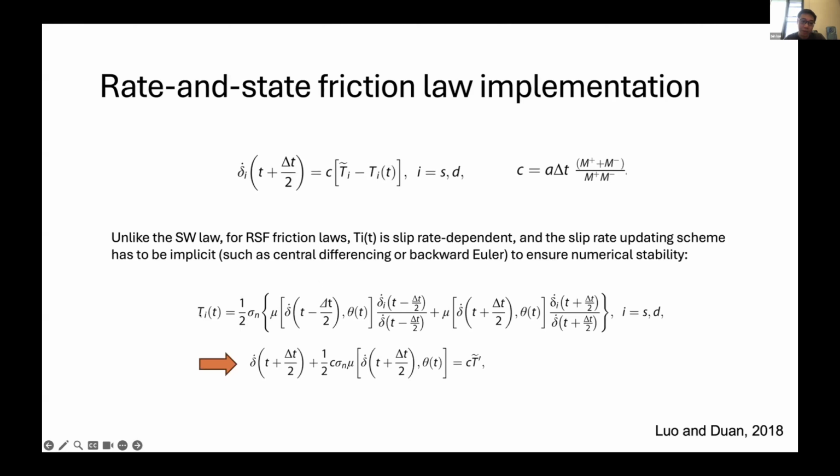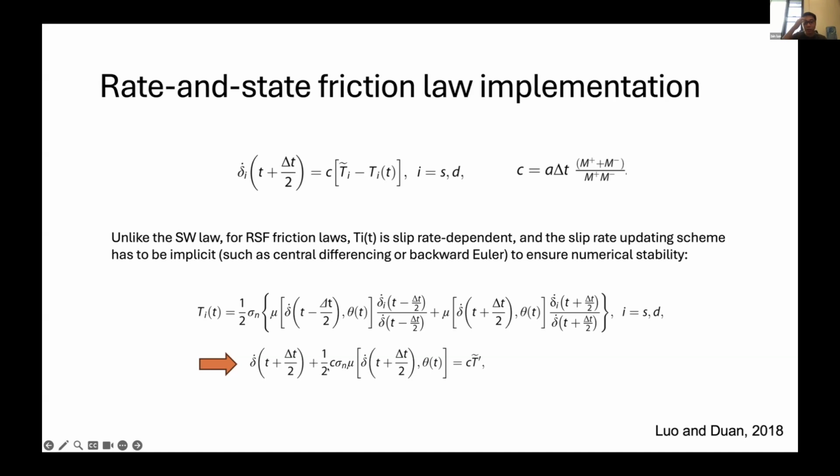So if I substitute this equation into the top one here, then we'll see there's a new slip rate on the right-hand side that should be moved to the left-hand side. And this equation should be solved iteratively.